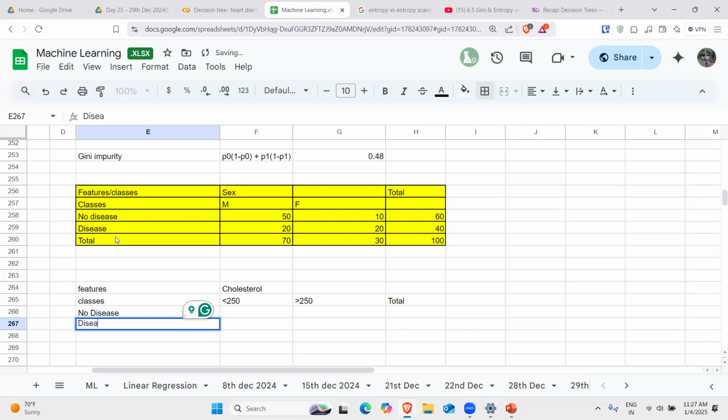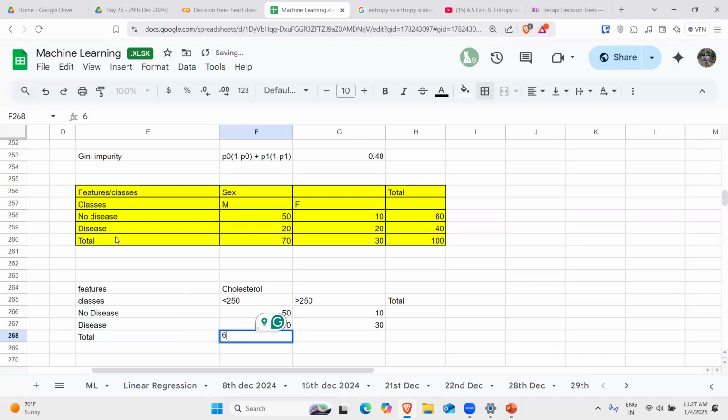If you split based on cholesterol less than 250, no disease is 50 and disease is 10. Greater than 250 is 10 and 30. This is just a hypothetical example that we are taking. The totals are 50 plus 10 is 60, 10 plus 30 is 40, and the overall total is 100.